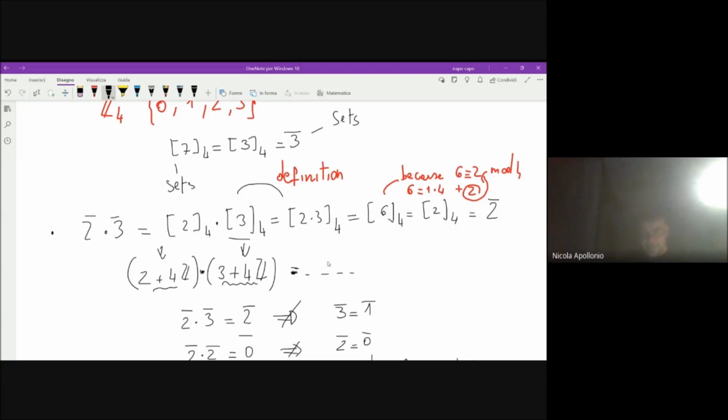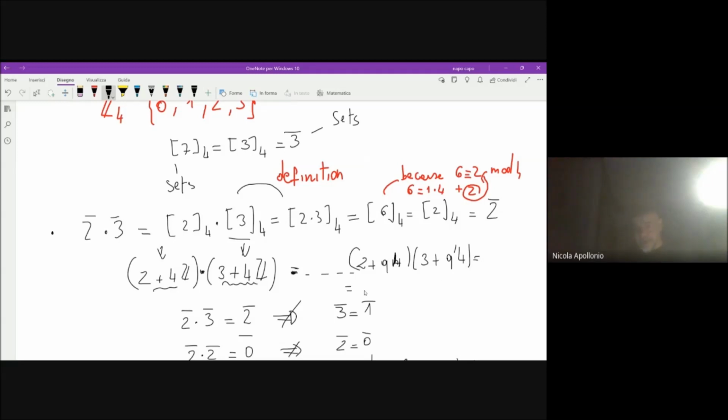What I get is 2 plus a multiple of 4 times 3 plus a multiple of 4, a different multiple, of course, likely. They are not necessarily the same.